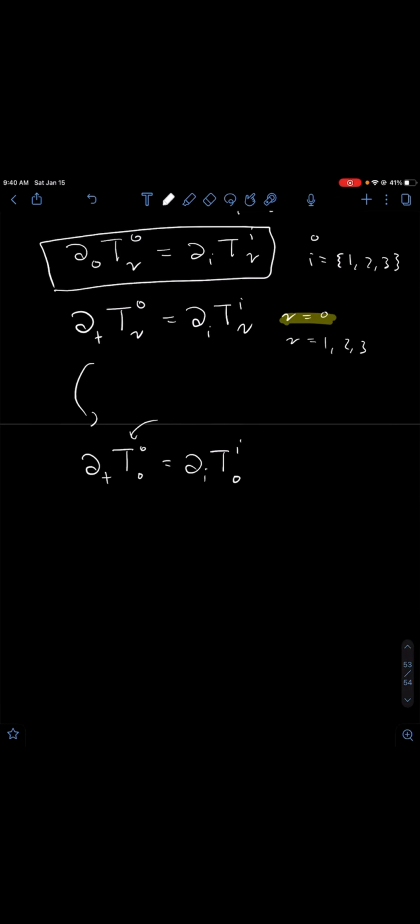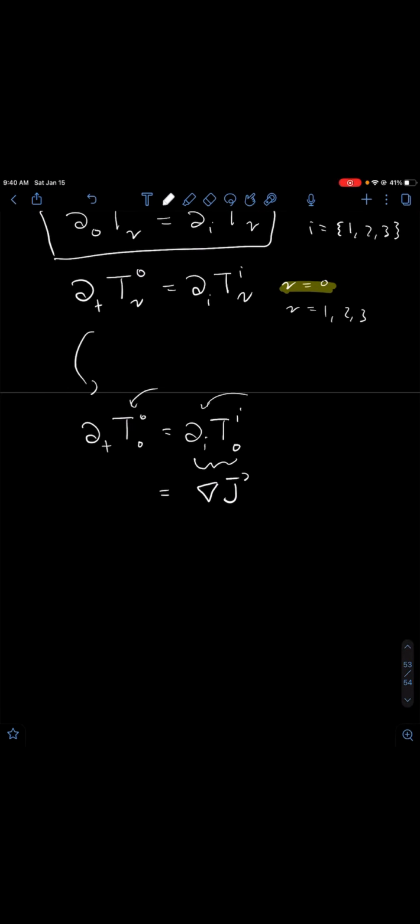So, what we can do now is write this over here as the divergence of some vector j. This is just notation, because this is just the formula for divergence. You might recognize it from vector calculus, right? To get the divergence of some vector field, we just take the derivative of each component of that field.